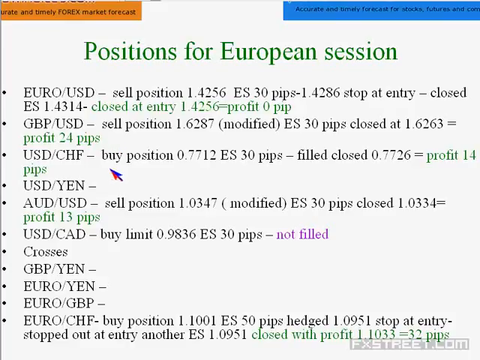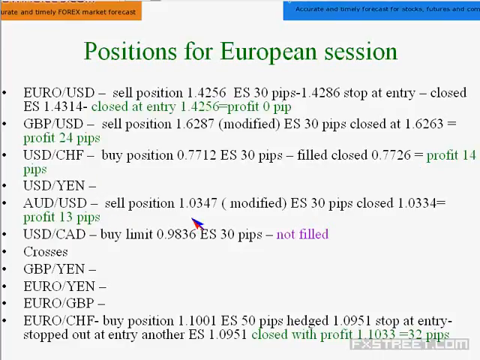And USD CHF, I kept a buy order at 0.9277, and they came down quickly, filled it, and subsequently came down a little bit, and my hedging was not filled, and then they took it up to 0.9297, and then I closed it around 0.9291 with 14 pips profit.